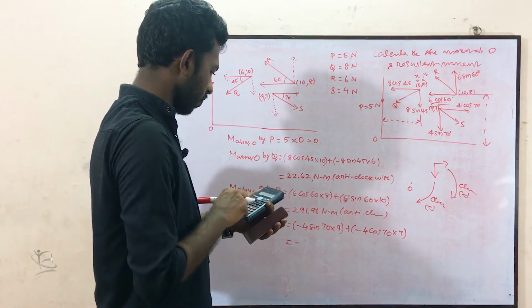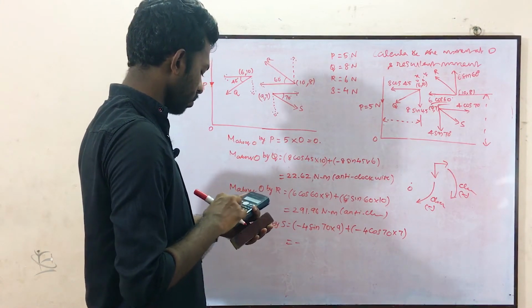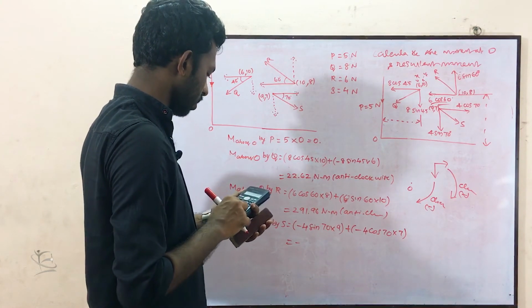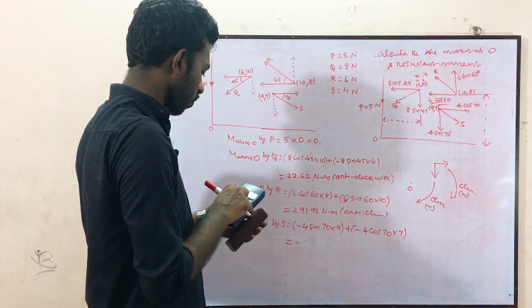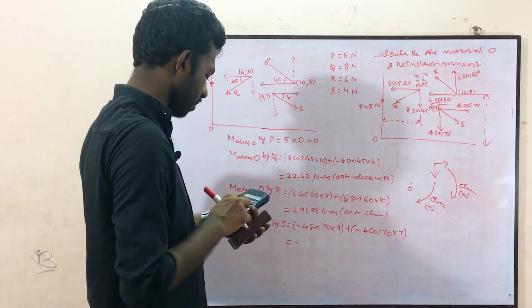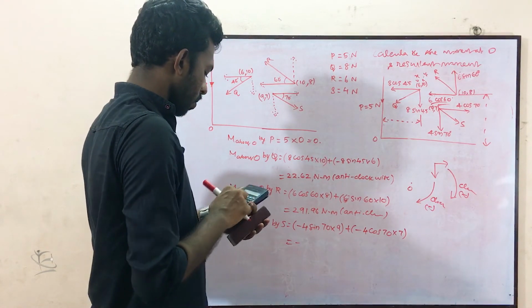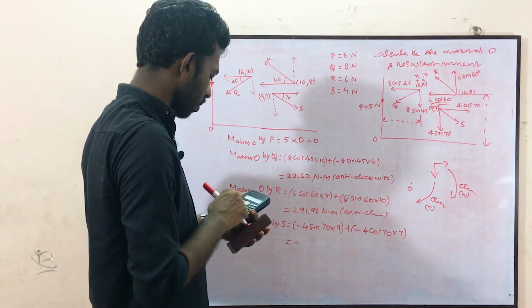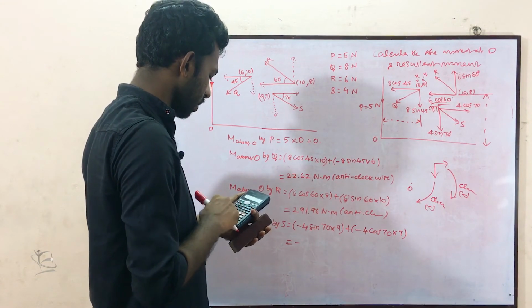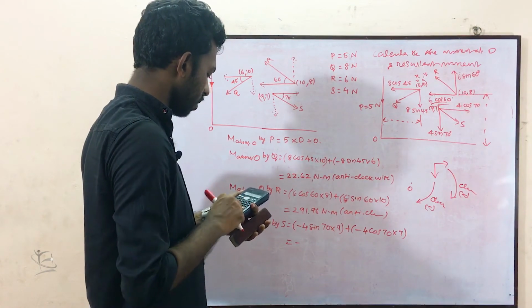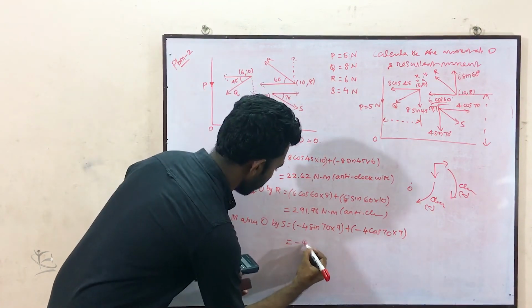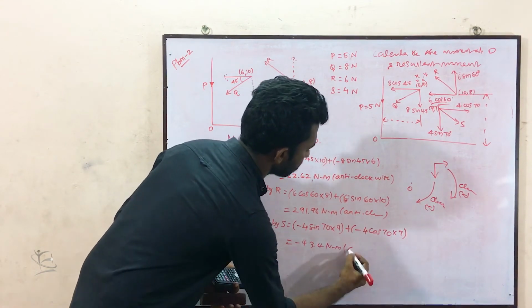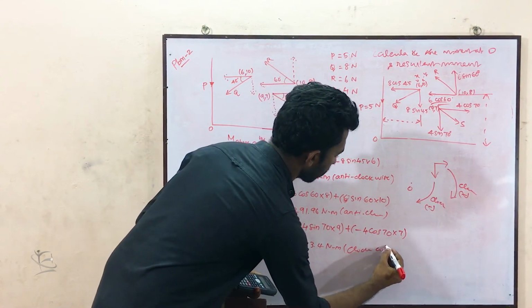So the answer: minus 4 sin 70 into 9 minus 4 cos 70 into 7 equals minus 43.4 Newton meter. Minus is there, so you can say it is clockwise.